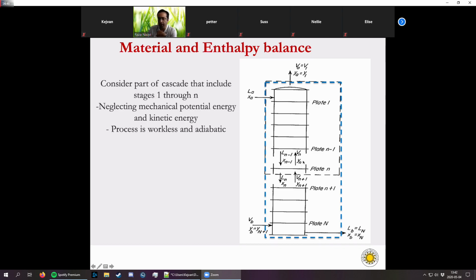And this yn, for an ideal stage, will be ye, the mole fraction at equilibrium. So yn will always be greater than yn plus 1. Similarly, yn minus 1 will be higher than yn, because the mole fraction at the plate at equilibrium will be higher than the streams entering the plate.